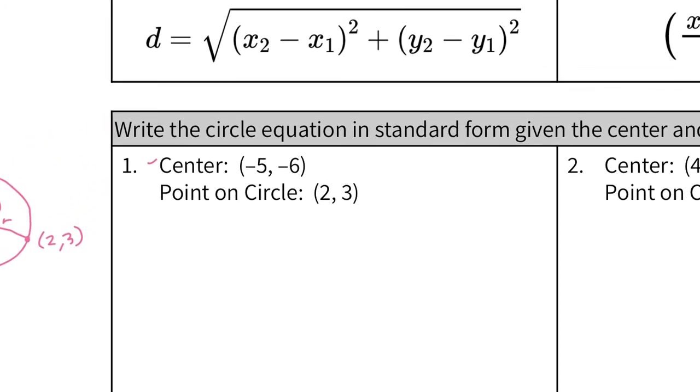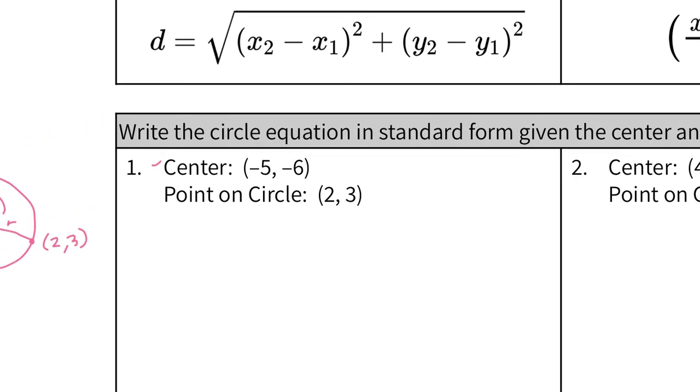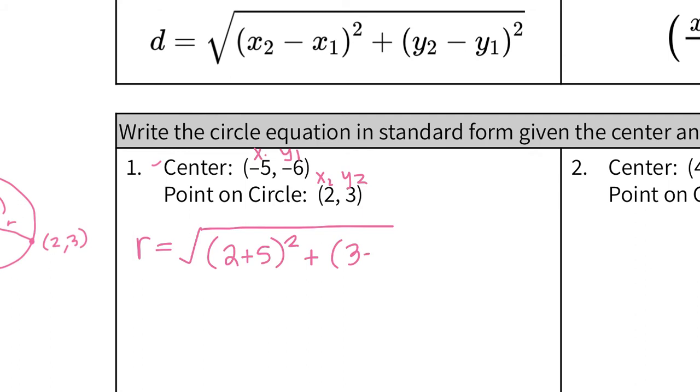The distance formula is right here above. Instead of saying d, I'm going to call this r. The center could be (x1, y1). The other point will be (x2, y2). And let's just plug this in. So I'll have 2 minus -5, so that's going to turn to a plus, and then plus 3 minus -6, but again, that's going to turn to a plus sign, squared.